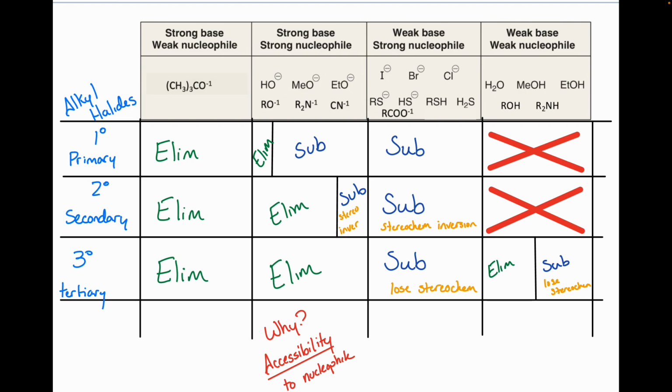Okay, cool. So what we have here is a little bit of a cheat sheet that we created, where if we're given an alkyl halide, we figure out what category that alkyl halide is. We're reacting it with something, and we figure out what category that is. And that tells us whether our major product is going to be the substitution or the elimination product.